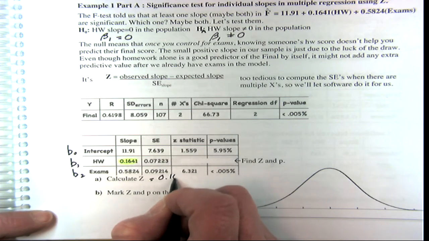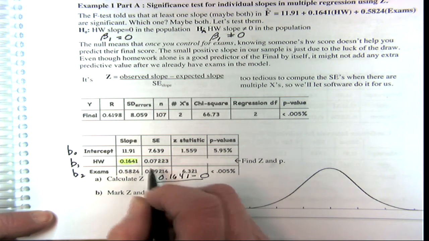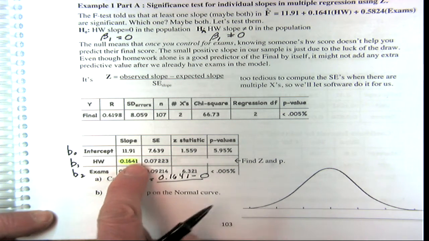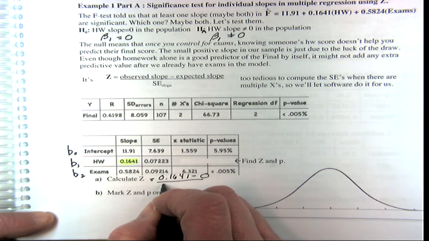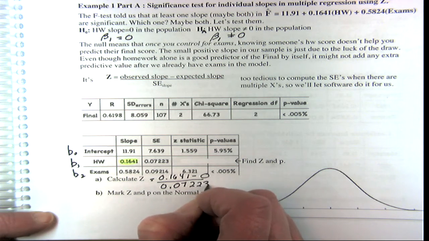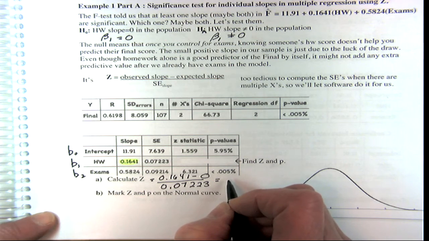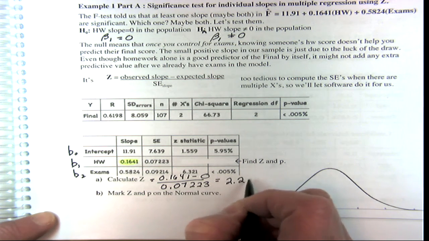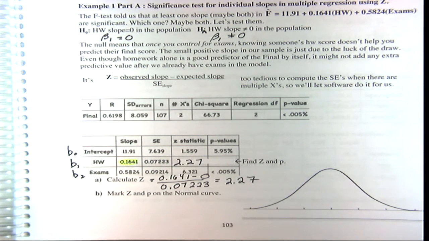We expected 0, so minus 0, over the typical amount of variation in the sampling distribution of the slope, 0.07223. I did that, and I got 2.27. So that's what goes in here. Nothing new there.